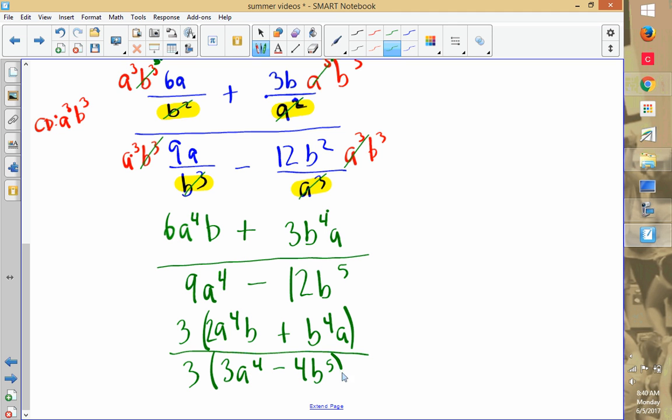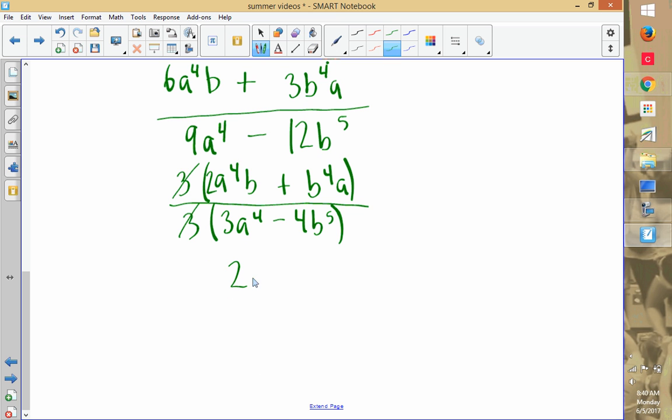And since I factor them out, they both cross off, and our final answer would be 2a to the fourth b plus b to the fourth a over 3a to the fourth minus 4b to the fifth. So it's definitely a little bit harder when you have a fraction and negative exponents in something that has more than one term to it.